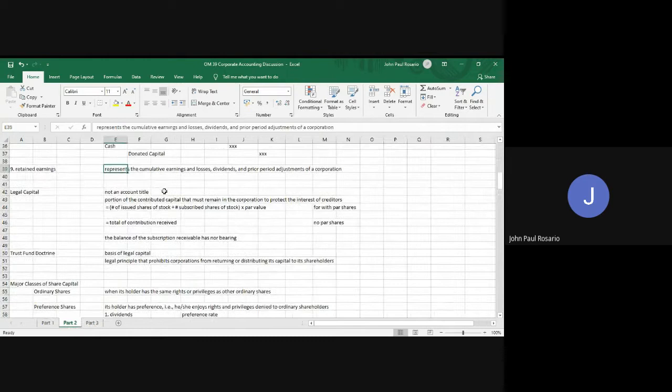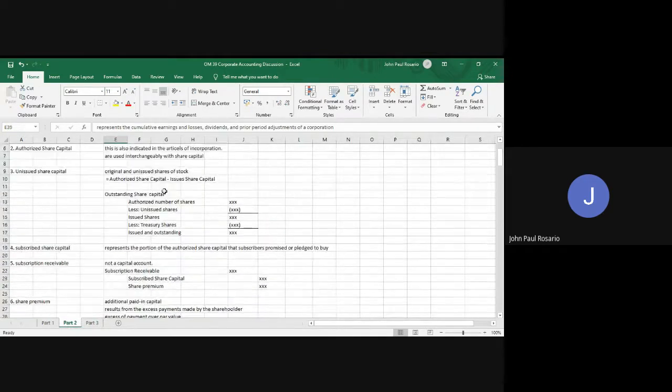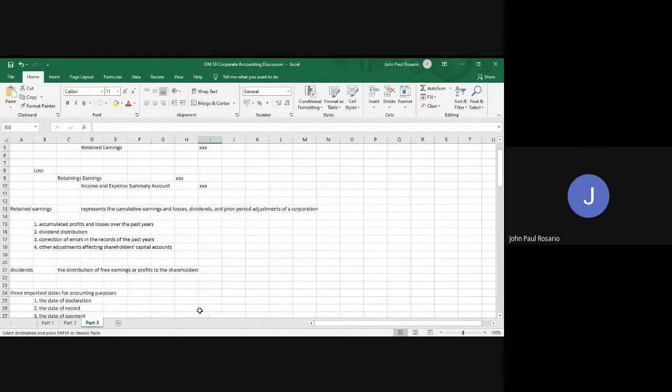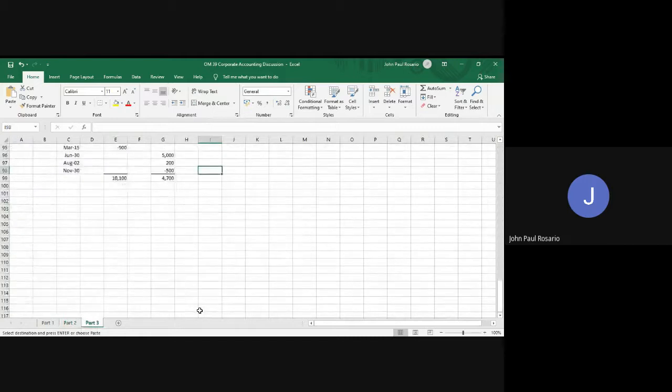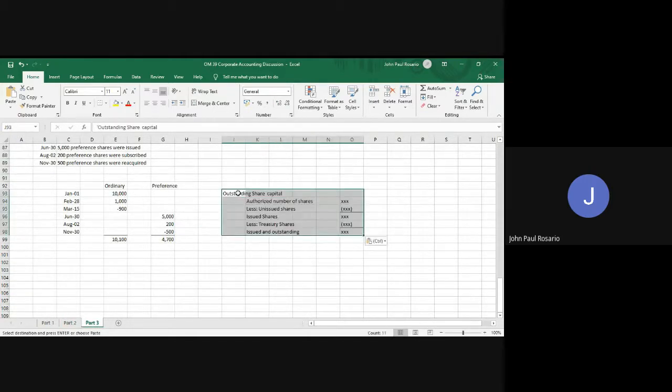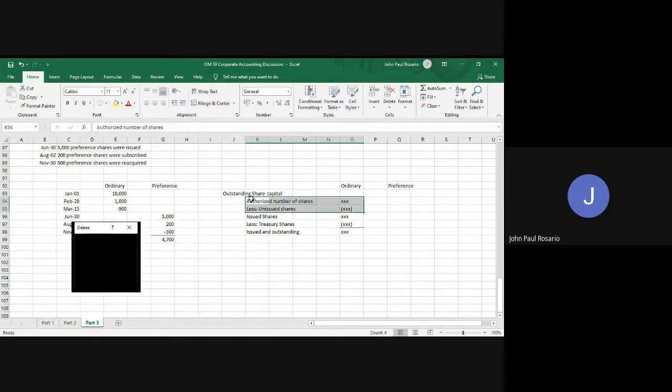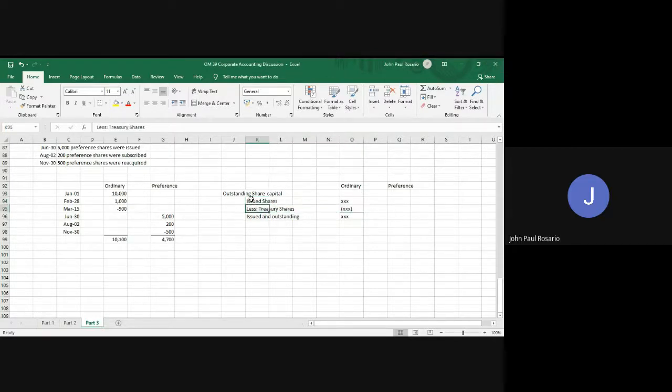If you recall from part 2 of our discussion, this is the formula for outstanding share capital, for ordinary and preference. We already know the issued shares, so there is no need for the authorized or unissued.